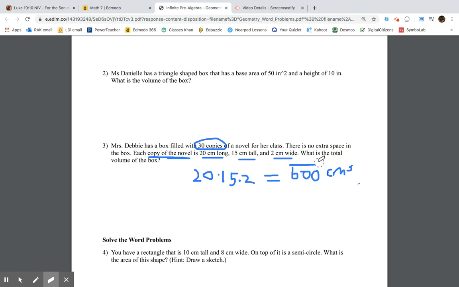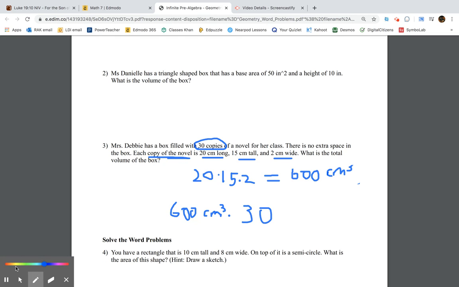Well, we just take that number and we multiply by 30, right? So that's going to be 600 centimeters cubed times 30. Notice the 30 has no units because it's just the amount of books that you have. Okay, what's that answer going to be? Find out your answer and check it with your answer in the back.